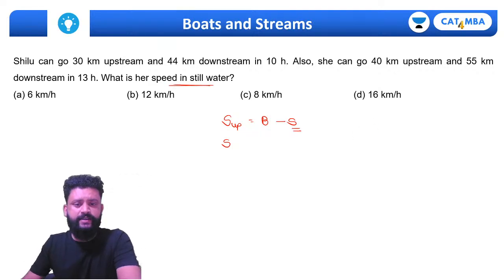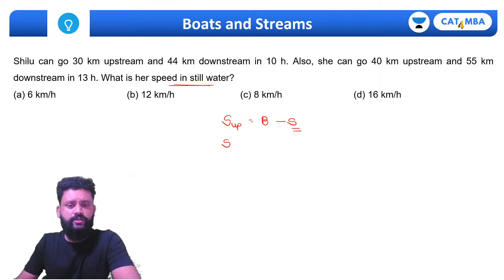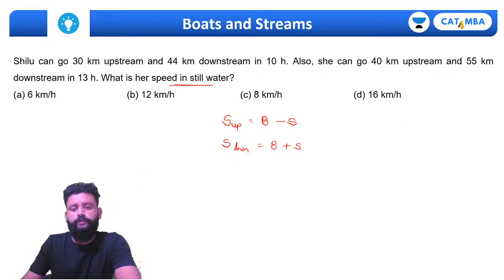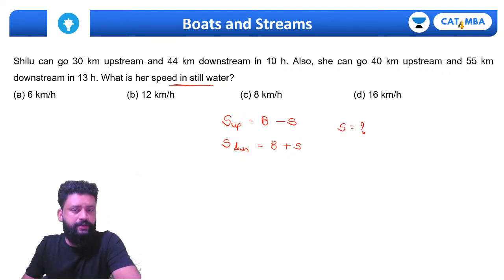So guys, quickly try it. It should not take more than a minute or half minute, 1.5 minutes to do the calculation part. Downstream speed is boat speed in still water plus speed of stream, and we are supposed to calculate the speed of stream.